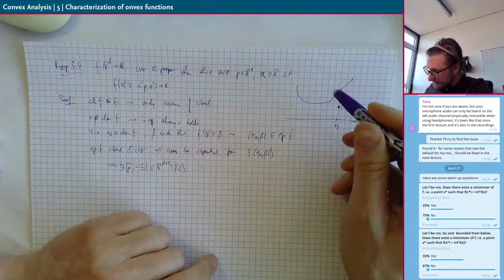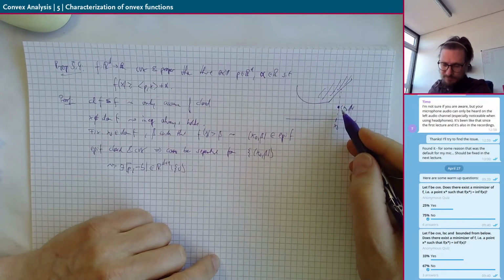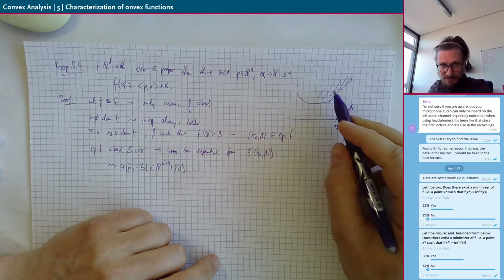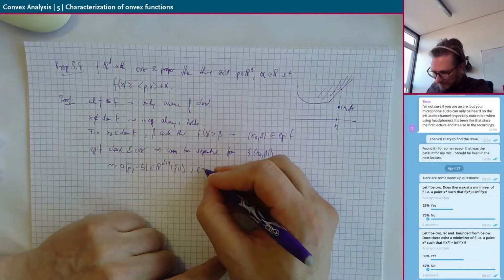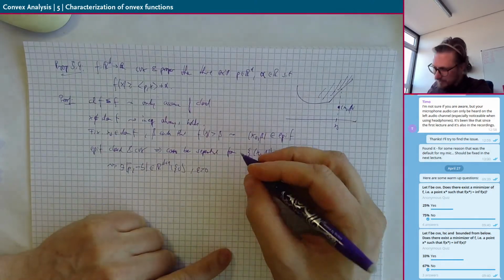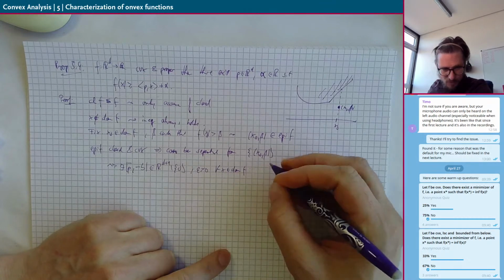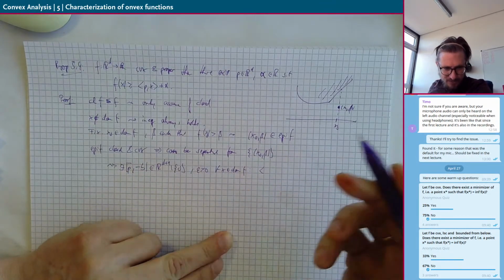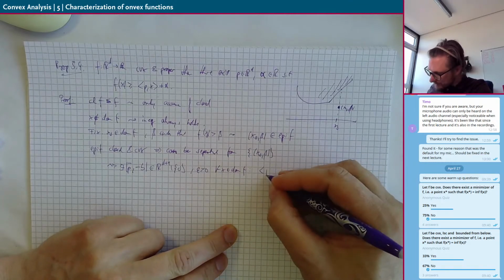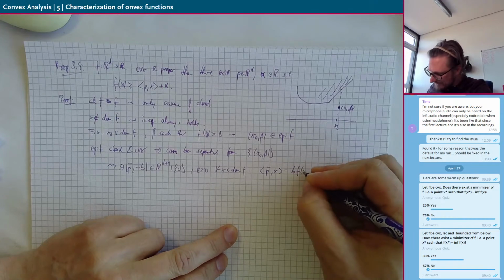Because we know, with this closed epigraph and this closed and compact point, we can strictly separate these two sets. So there also exists a positive epsilon such that for all x in the domain of f it holds that the inner product of these vectors with points in the epigraph boils down to p bar times x minus b f of x.